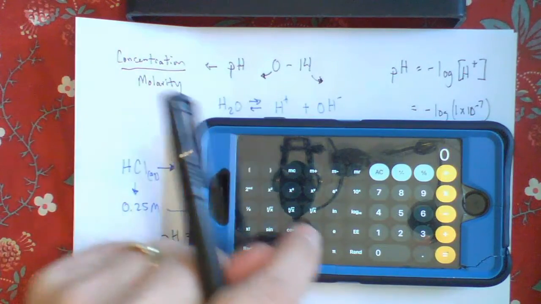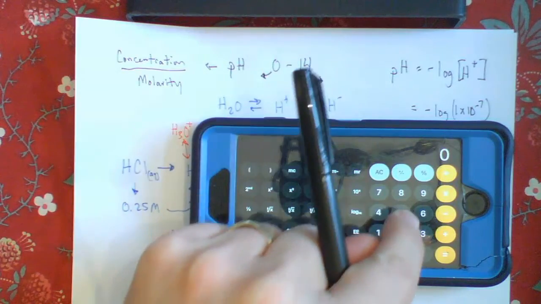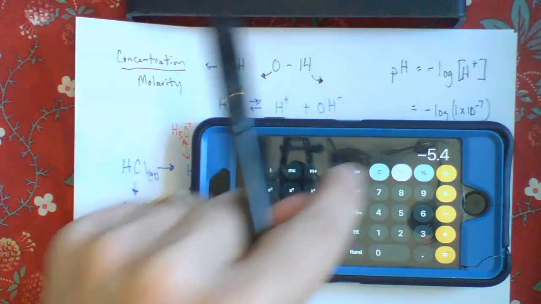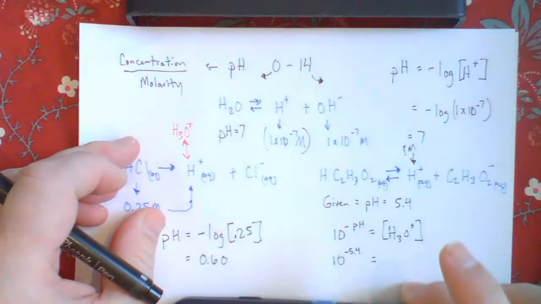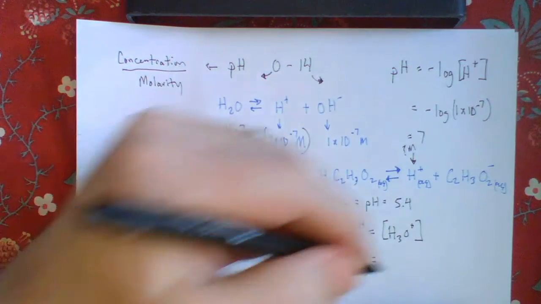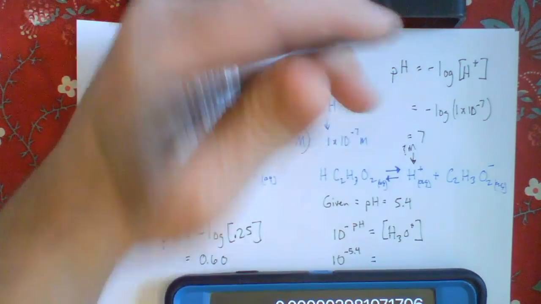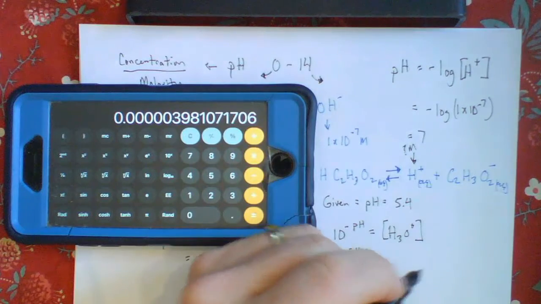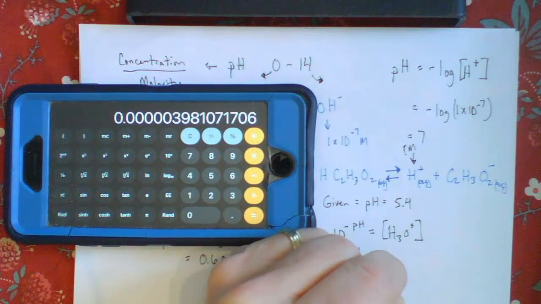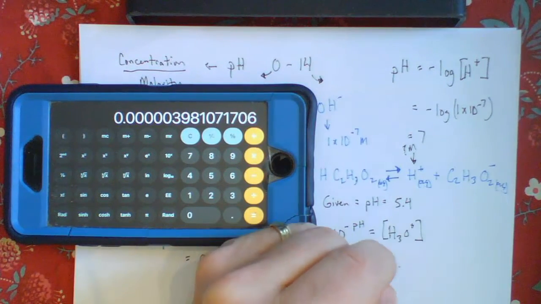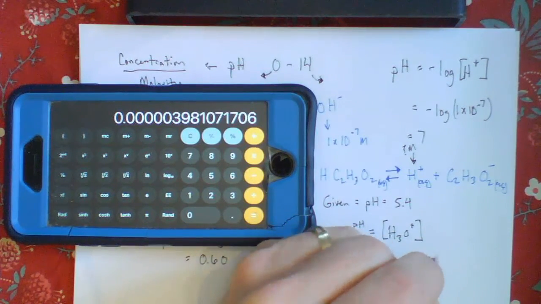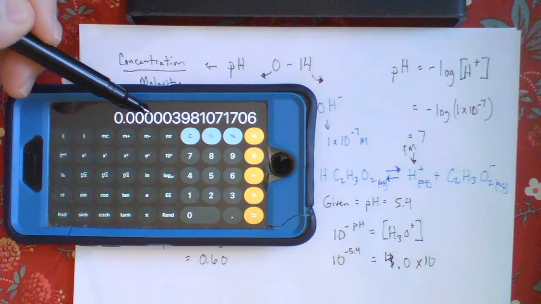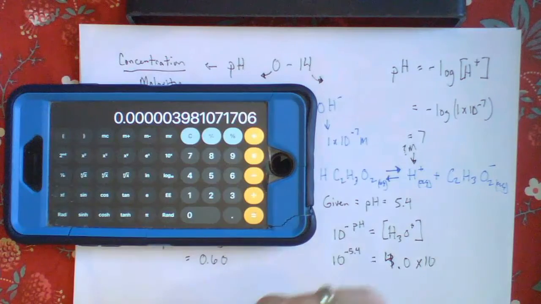Okay, and there's our 10 to the, so we're going to go 5.4, make that a negative, hit the 10 to the x, and so we can see that we are at a concentration of 4.0 times 10 to the negative 6.